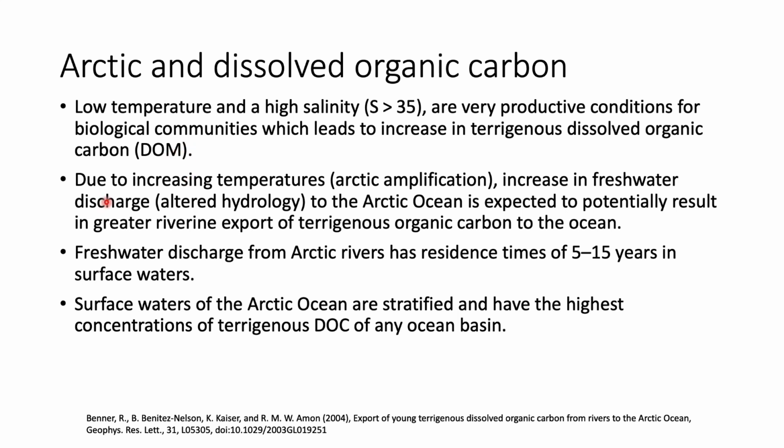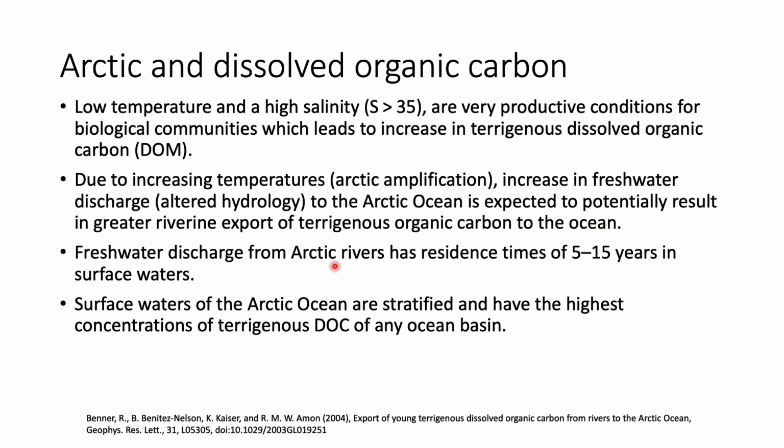Due to the increasing temperature, that is the Arctic amplification, the increase in freshwater discharge, that is ice melt or glacier melt, leads to more water to the Arctic Ocean, and this is expected to potentially result in the greater riverine export of terrigenous organic carbon to the ocean.